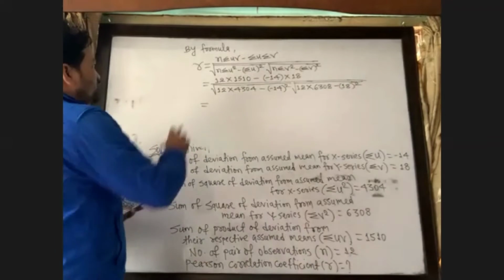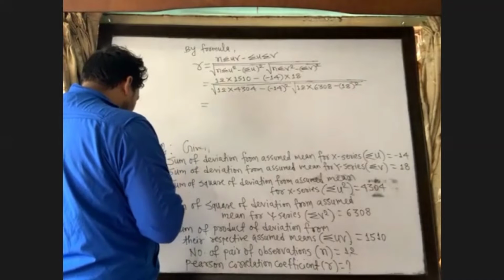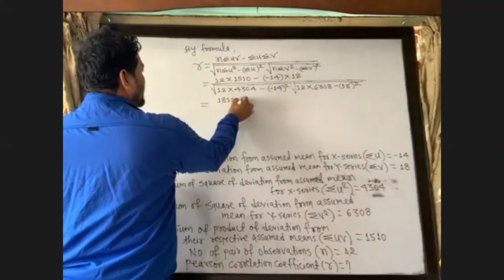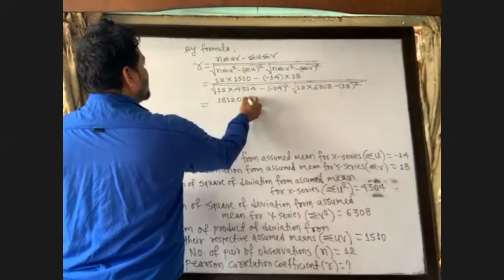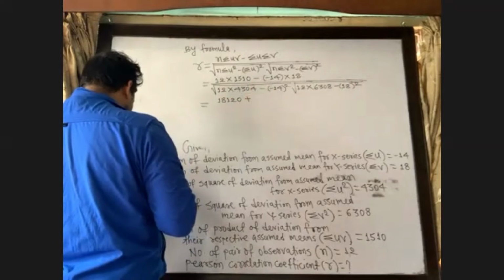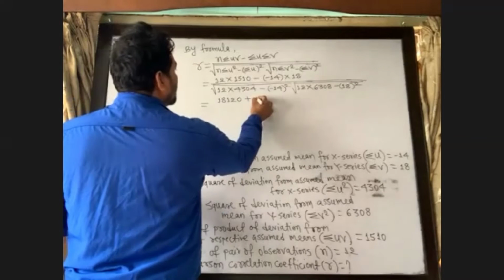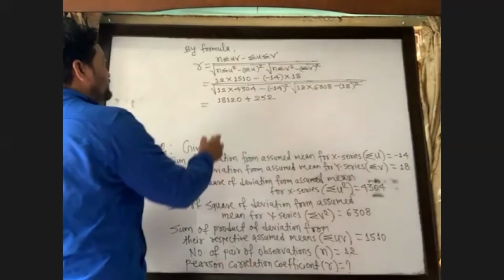So 12 into 1510 gives 18,120. Minus into minus gives plus, so 14 into 18 is 252.